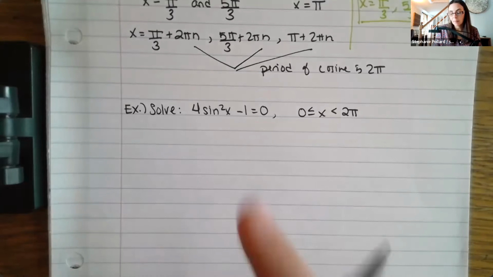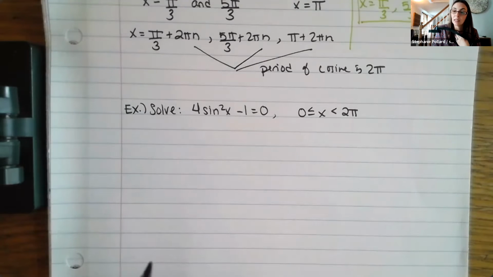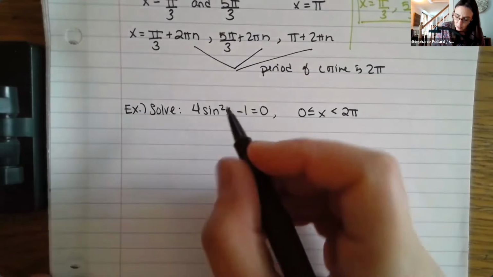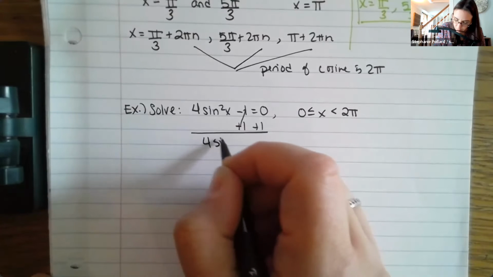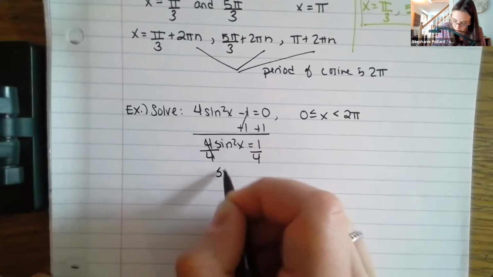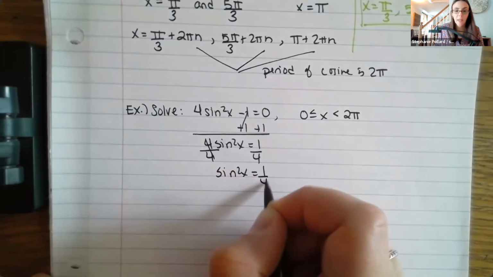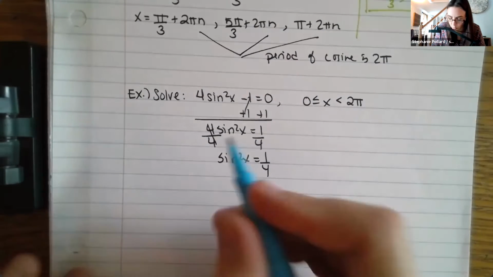So for something like this, it may be a good idea to solve for sine squared. And then what we can use is the square root property, taking the square root of both sides. So here I'm going to add 1 to both sides. I'm going to divide by 4. Now think about how do you get rid of a square? You take the square root. So I'm going to take the square root of both sides.